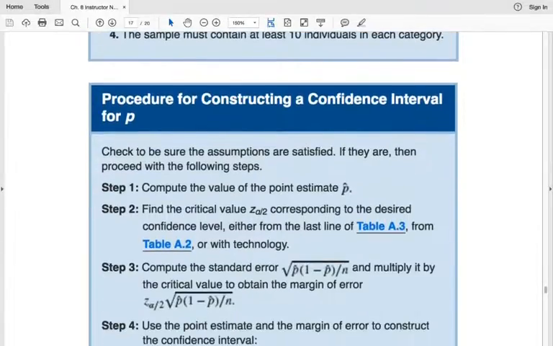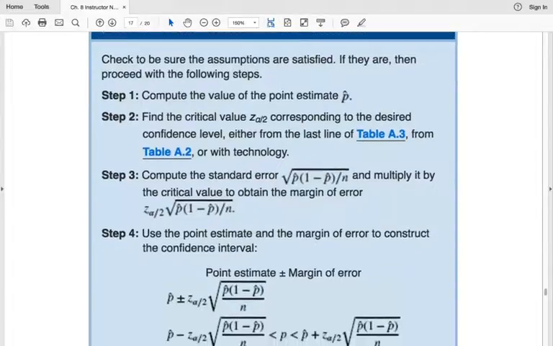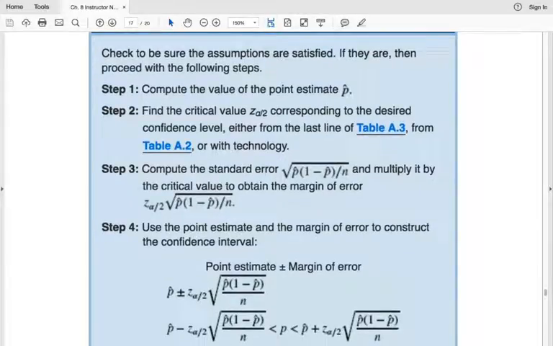Now, we're not really going to use this procedure by hand to construct a confidence interval, but I do want to call your attention here to step 4 and just say, if we were creating a confidence interval, notice we're basically doing the same thing. In previous sections, we had x bar plus or minus z sub alpha over 2 times sigma over radical n.